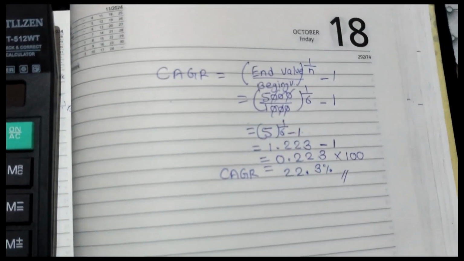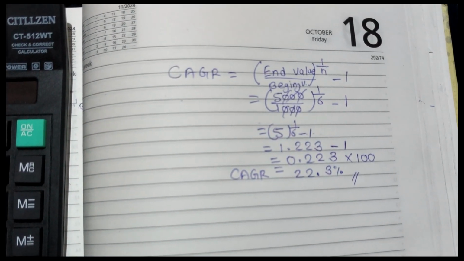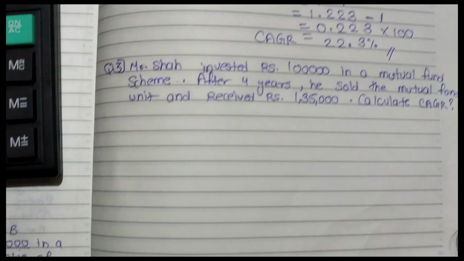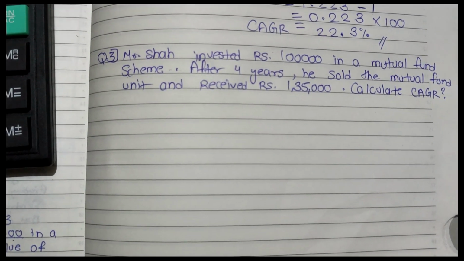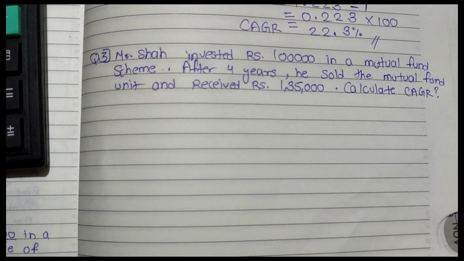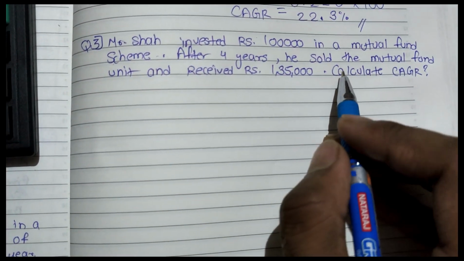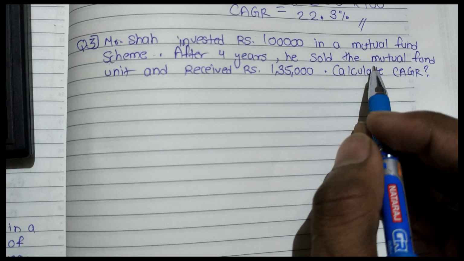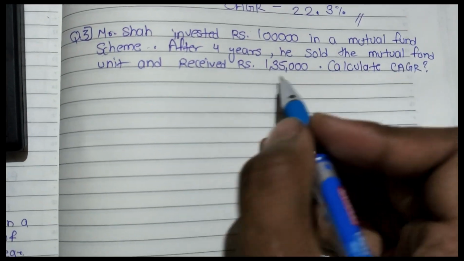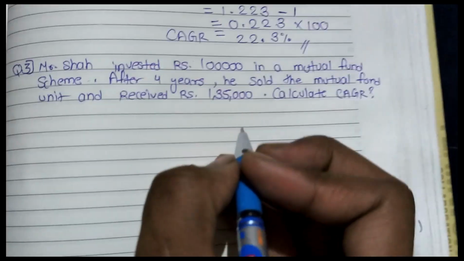Now I am going to discuss it for 3 years. Before going to solve the question for 3 years, I am giving a question for 4 years to calculate. So this question is for you guys. Calculate and find the answer here.